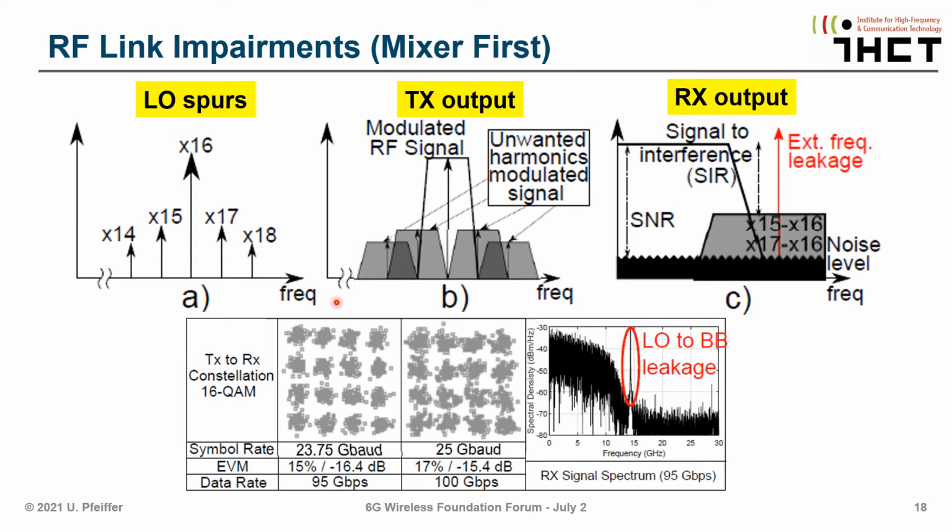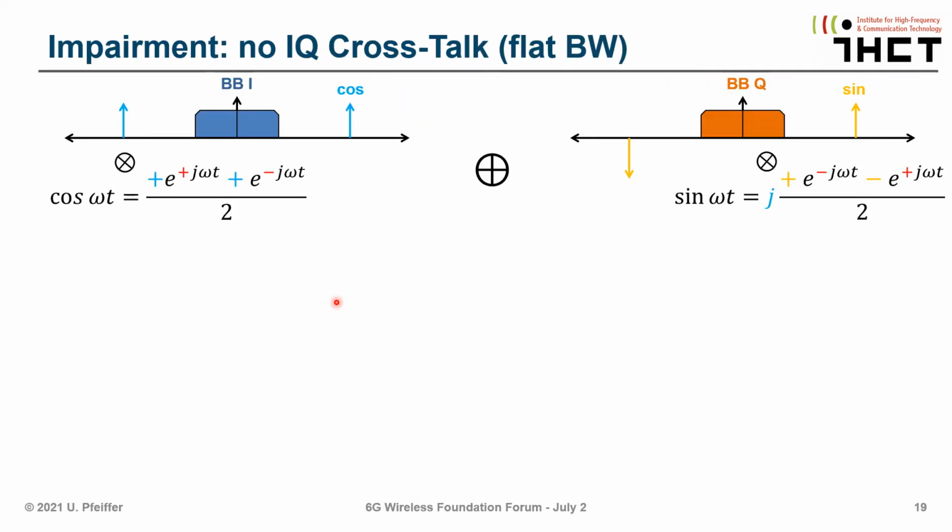There's also, because of that, a lot of signal to interference that is being created at the receiver side. Also, you have LO feed-through on the receiver that also limits the IF bandwidth, how high you can go. But of course, there's also something that's called IQ crosstalk, and this is just something I would like to illustrate here in this chart.